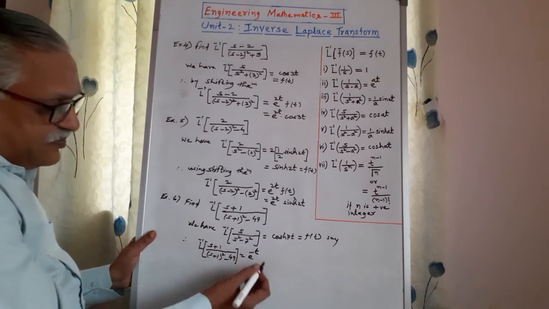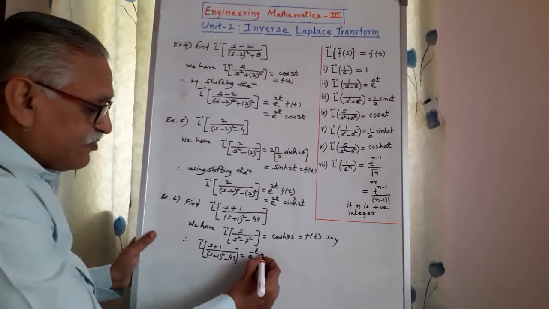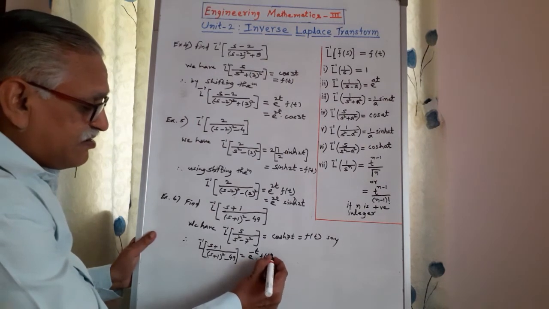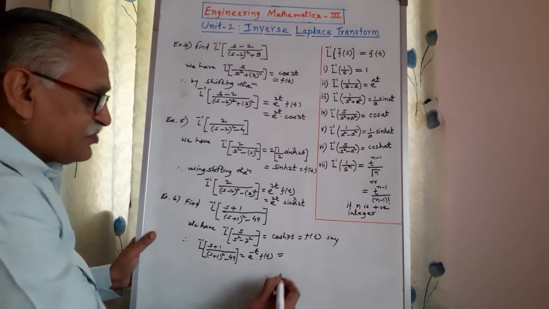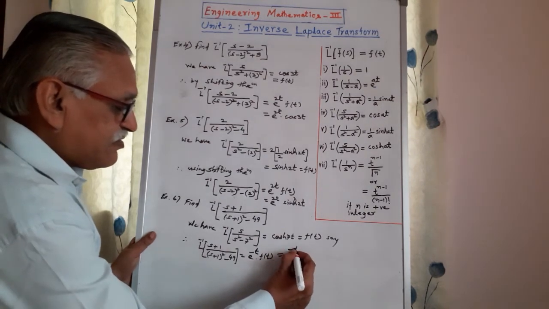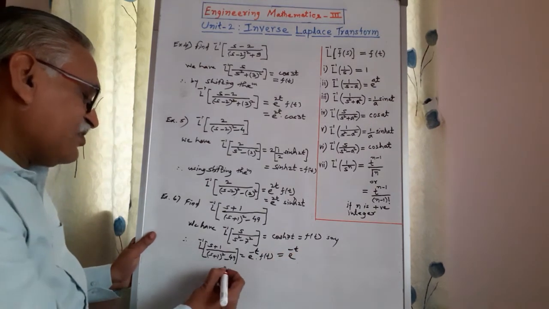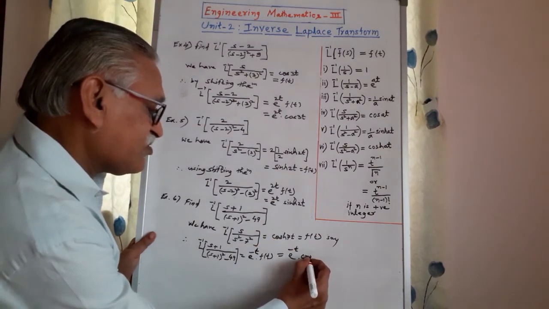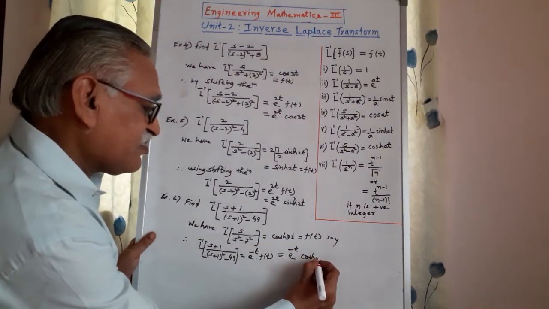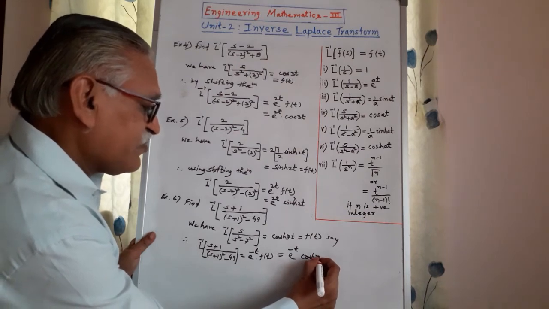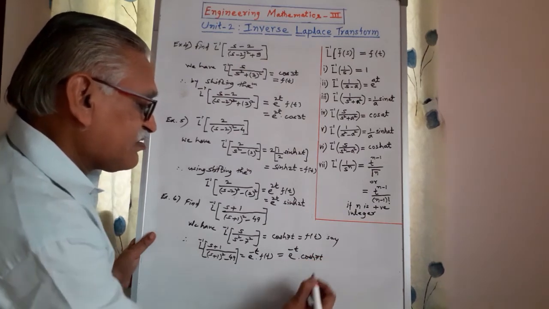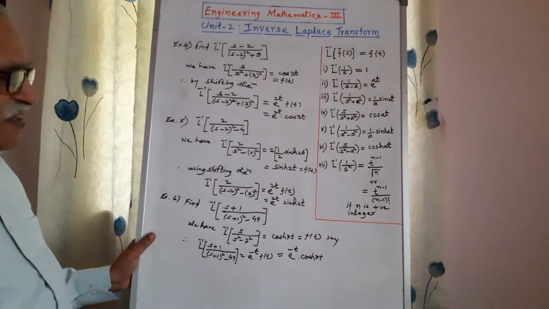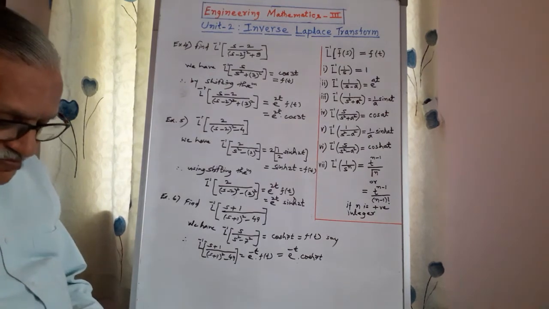A is here 1. Therefore, e raised to minus t into f of t. What is f of t? It is cosh 7t, as the required inverse Laplace.